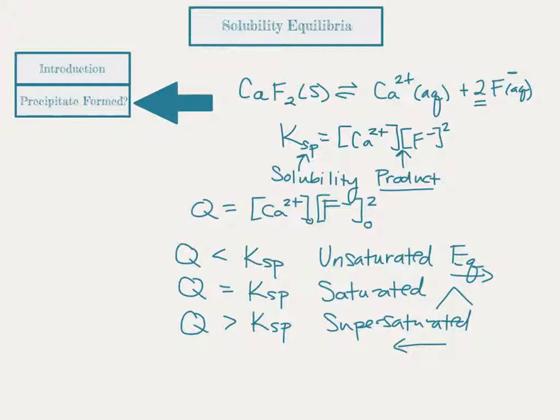If you have a supersaturated solution, you're going to create a precipitate, or a solid at the bottom of your container. Often, when I'm writing precipitate, I'm going to abbreviate with a PPT. This is common notation. Feel free to use it.